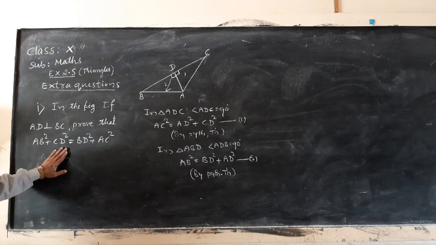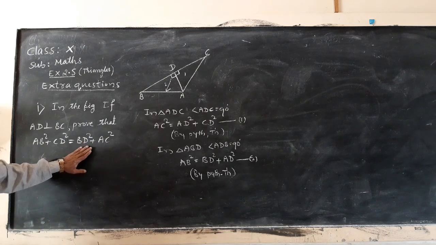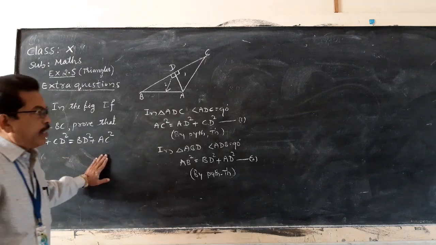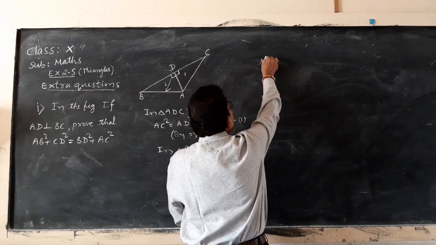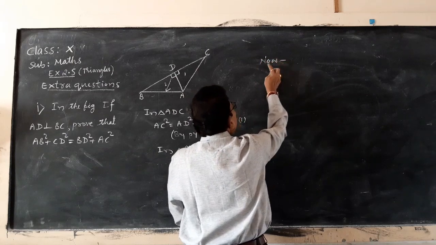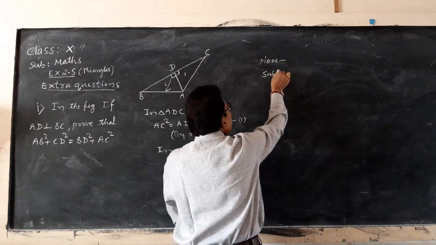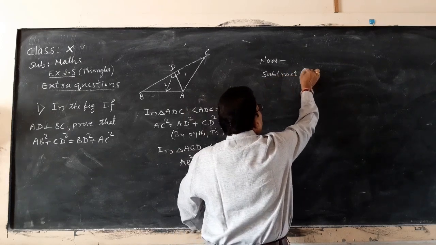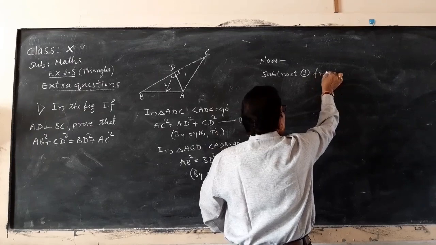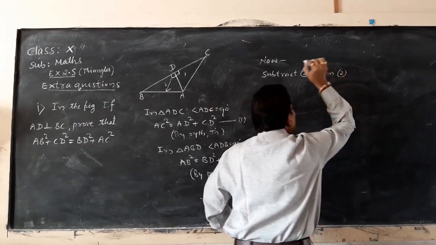AB square plus CD square equals BD square plus AC square. Now subtract equation 1 from 2.